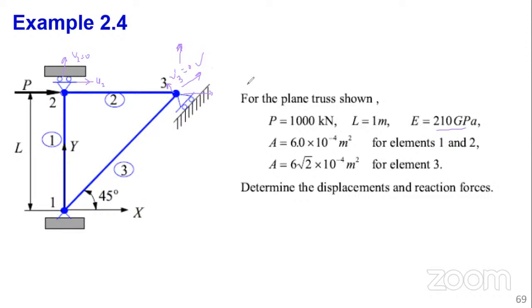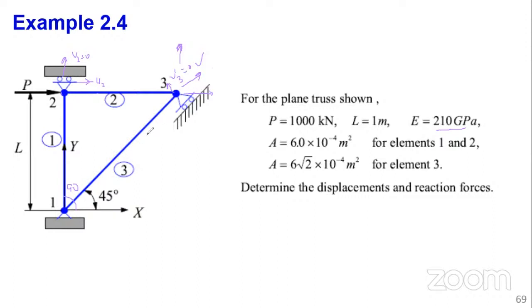Now, simply put, first we determine the stiffness matrix, but at this stage it's something rather easy for you. First, you need to determine the orientation of each of the elements. So for element 1, from the horizontal coordinate system, this one is 90. Element 2, from 2 to 3, is horizontal, so the angle theta is equal to 0.